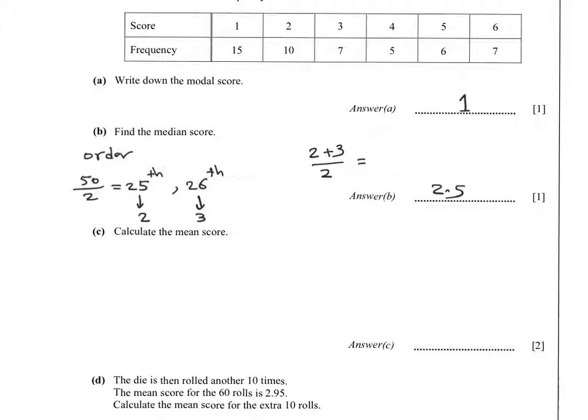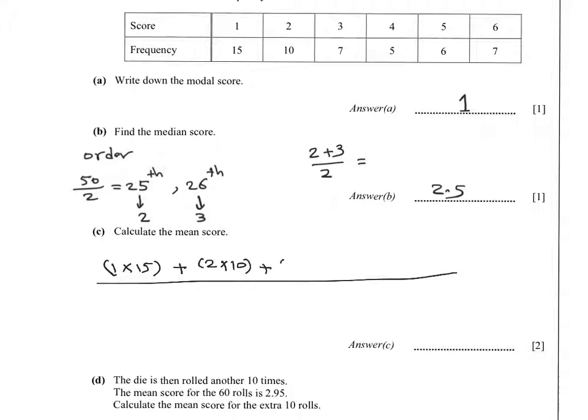Now, find the mean score. How to find the mean? The mean is sum over number. So you must find the sum divided by the number. How to find the sum? We have frequencies. 1 is repeated 15 times, so 1 multiplied by 15 gives the sum of the ones. 2 repeated 10 times, so 2 times 10 for the 2s.